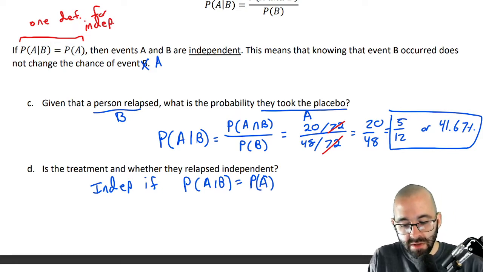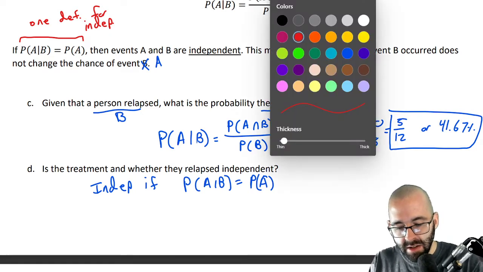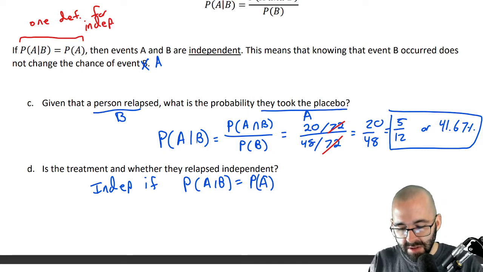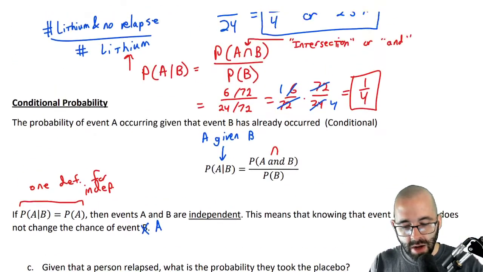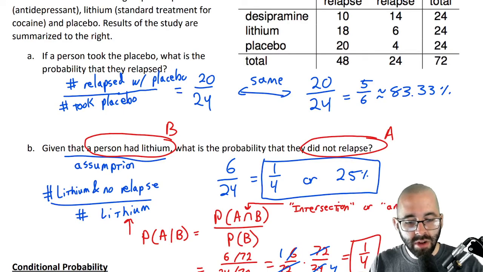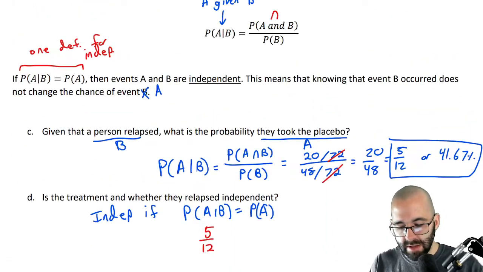Is this true? Well, the probability of A given B, we said that was 5/12. What's the probability of A? What's the probability that they took the placebo? Well, a third of them took the placebo. Okay, so these are not the same. They're not independent. They are related.